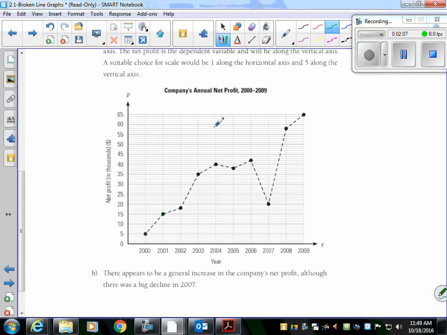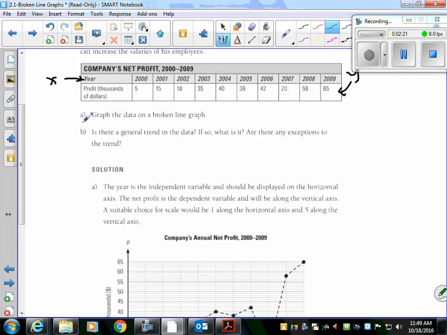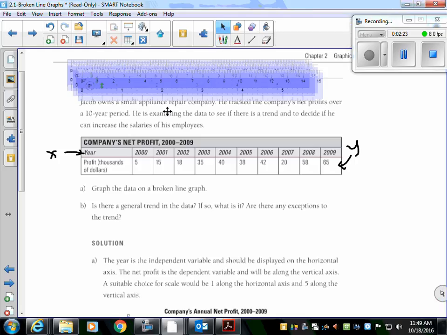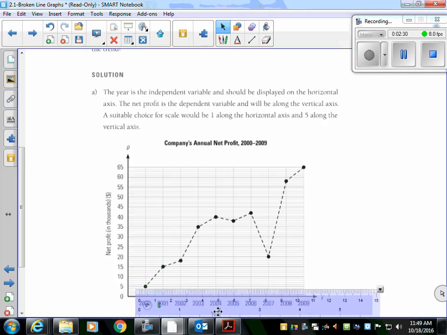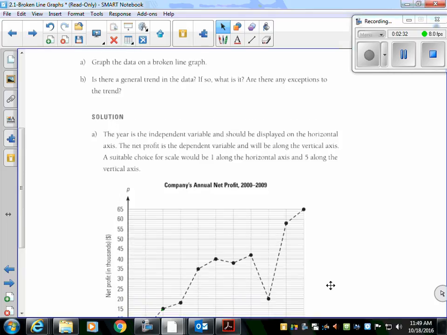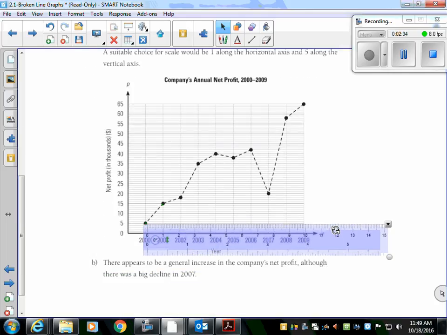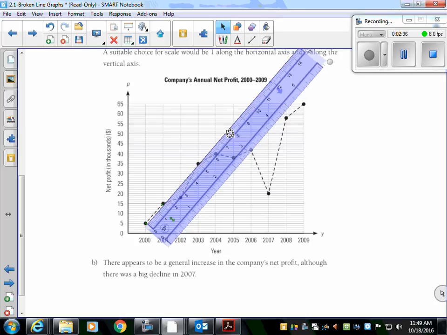I would go through and place all my dots, and then I would bring my ruler in. Yes, I'm going to expect you to bring a ruler in. For some reason, my ruler's not working. Oh, it's way up top here. I'm going to bring my ruler all the way down here, and you actually will have an easier time than I will at this, because rotating this thing is not always the nice thing.